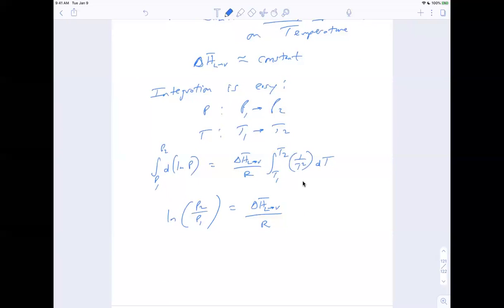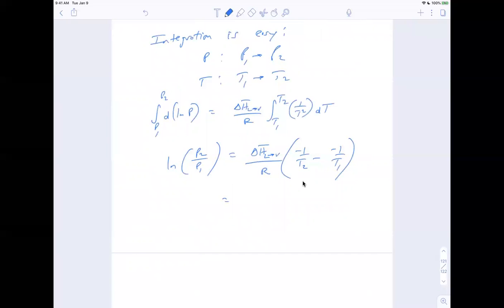But the integral of 1 over T squared is just minus 1 over T. So that's going to be minus 1 over T2 minus 1 over T1, which then turns out to be, if we were to bring out the negatives, minus delta H liquid to vapor over R times 1 over T2 minus 1 over T1. So natural log P2 over P1 is equal to that.